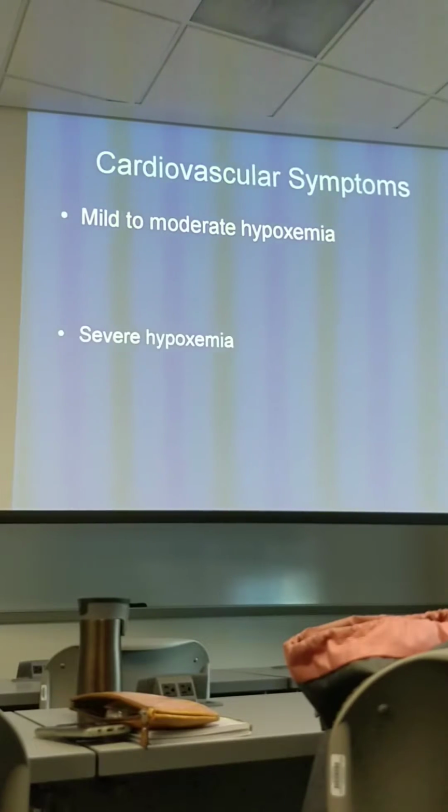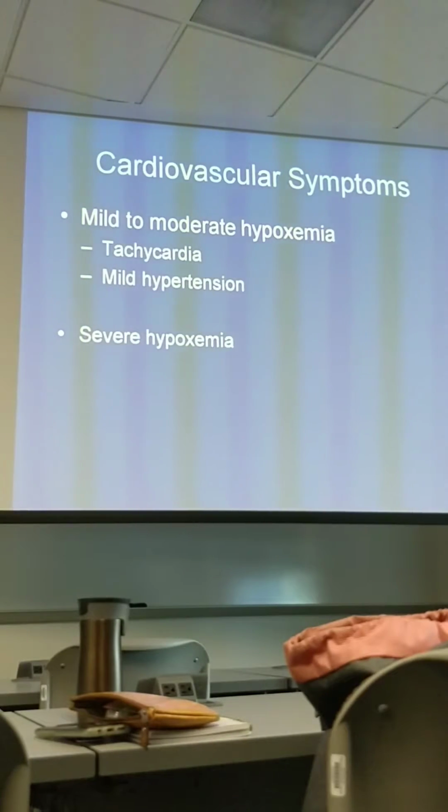All right, now cardiovascular symptoms. Mild to moderate would be, what did I just say? What happens when you're hypoxemic? What happens to the heart rate? It increases. You become tachycardic, okay, and you have mild hypertension.